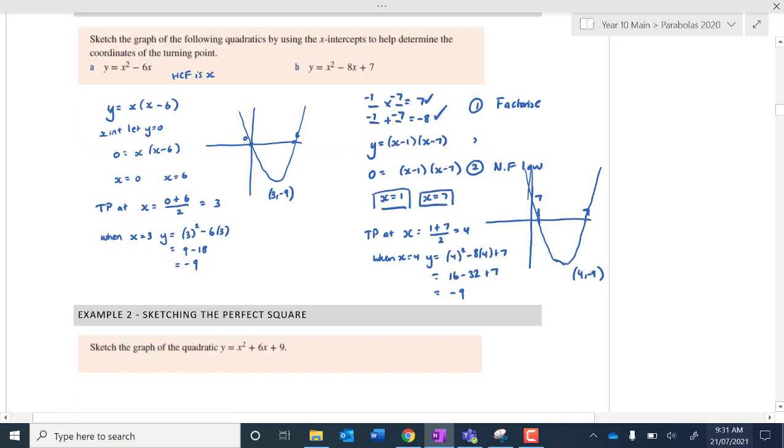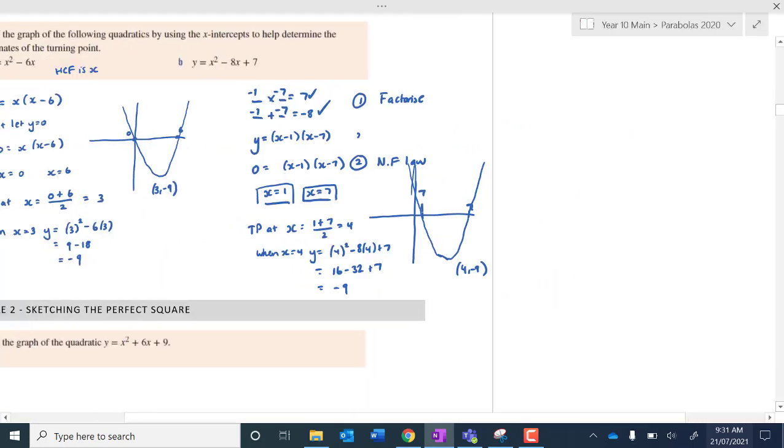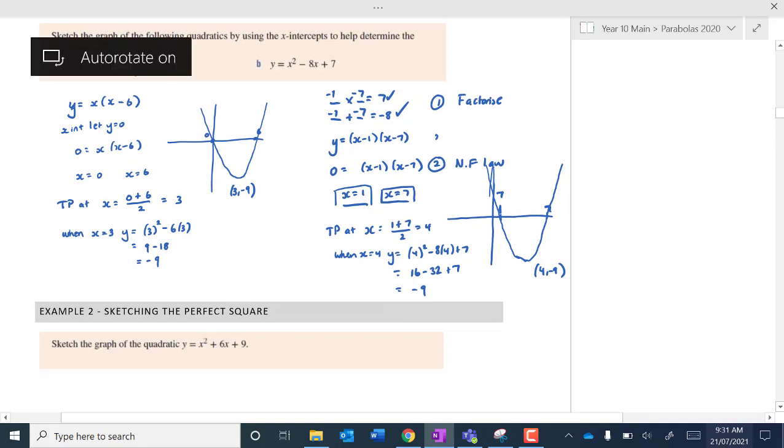All right, so here's my solution for these two. And again, it's really important to jot down and show all of your working as concisely as possible. But really, there's a couple of things. First of all, we need to factorize first. So I factorize this one. I've used the highest common factor of x.